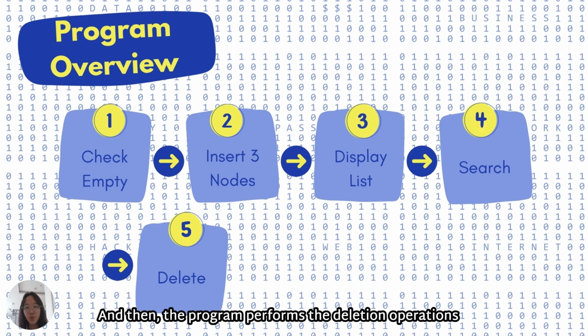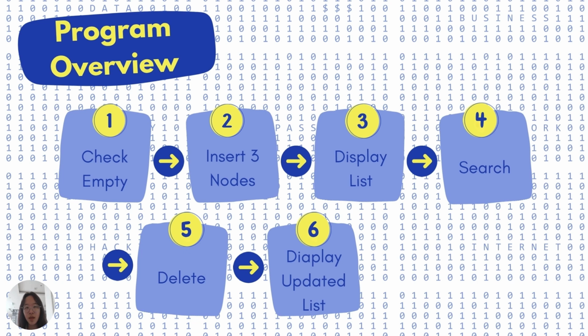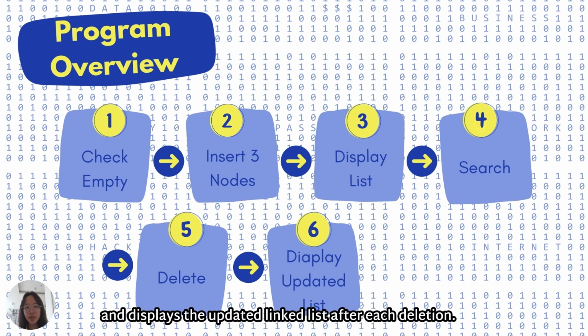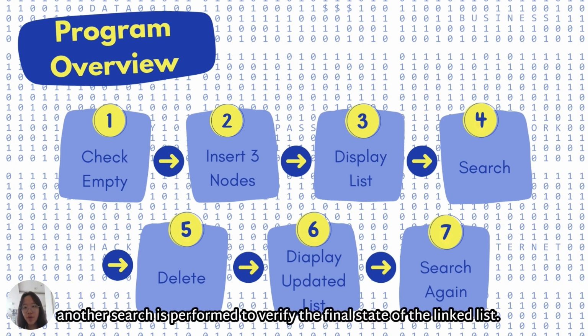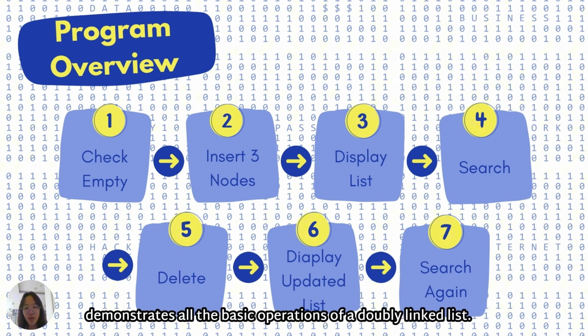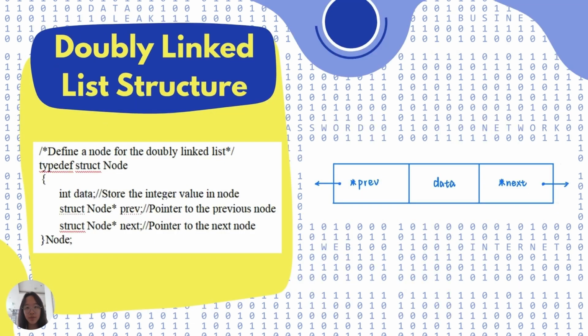And then the program performs deletion operations and displays the updated linked list after each deletion. Finally, another search is performed to verify the final state of the linked list. This workflow demonstrates all the basic operations of a double linked list.